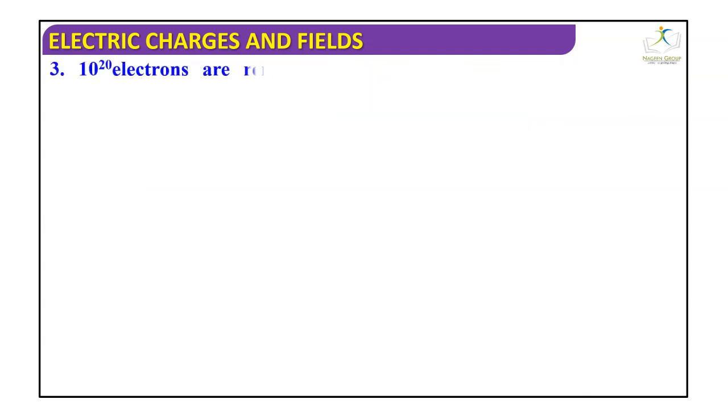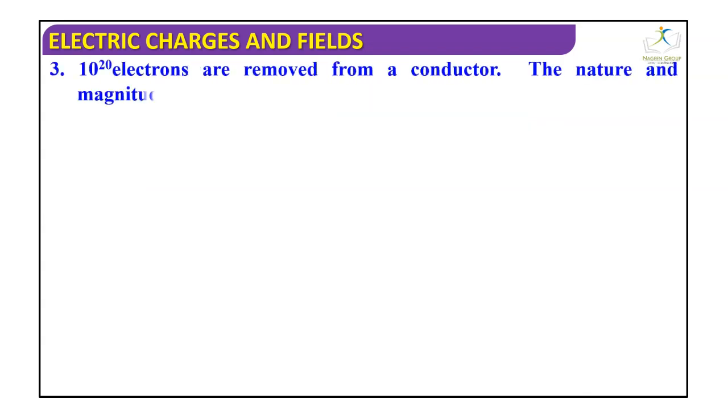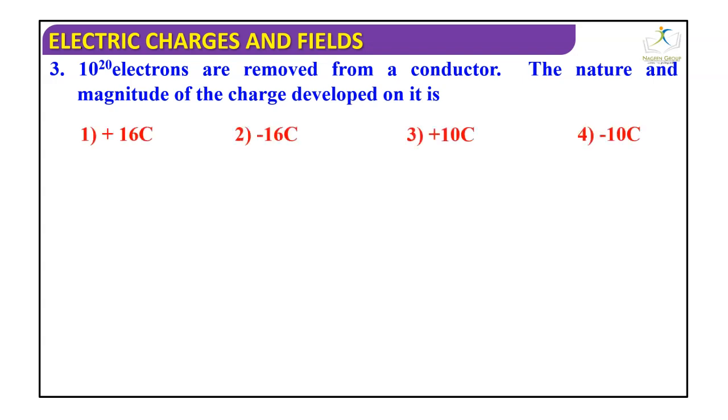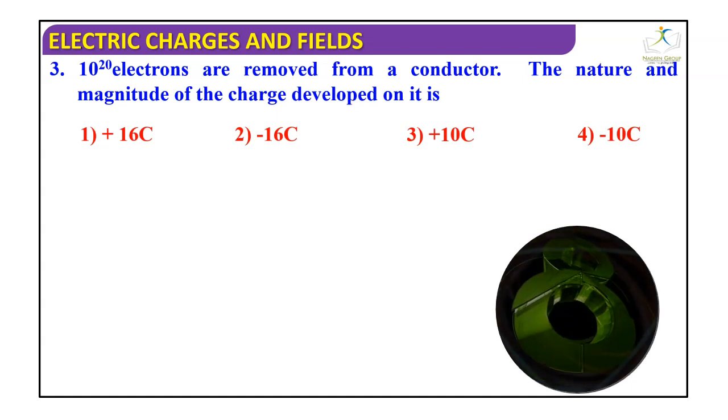Moving ahead with the third question, 10 to the power 20 electrons are removed from a conductor. The nature and magnitude of the charge developed on it is. We have options. Try to solve this problem.